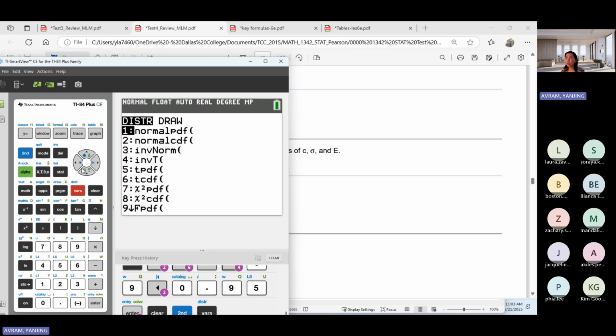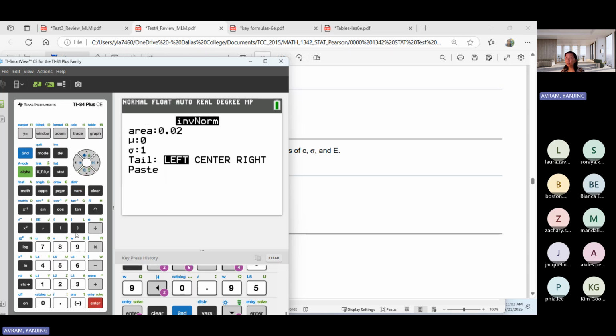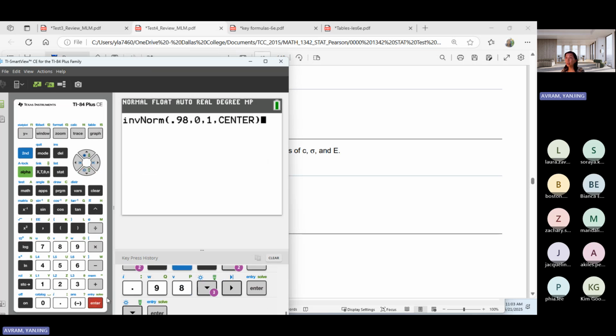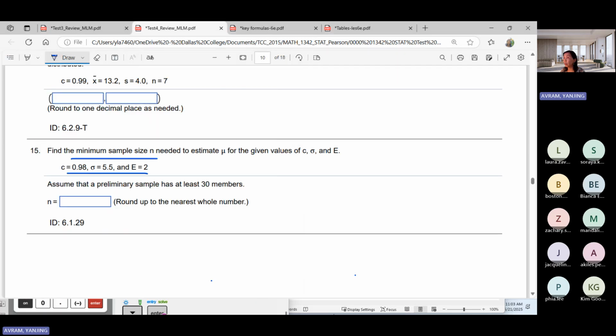You go to the second distribution menu and use the inverse norm right here. If you put in 0.98, which is my center area, it gives you the two z scores, one positive and one negative. We always use the positive one to do the calculation. So it's 2.33, rounded to 2 decimal places.